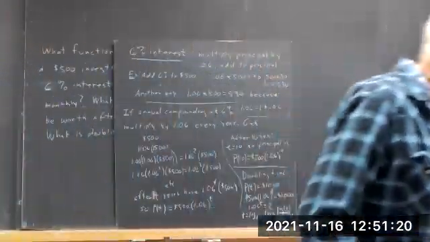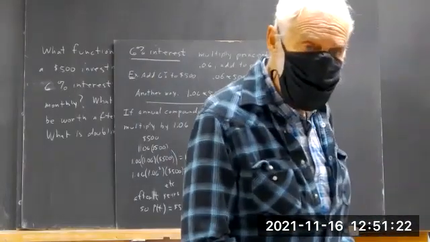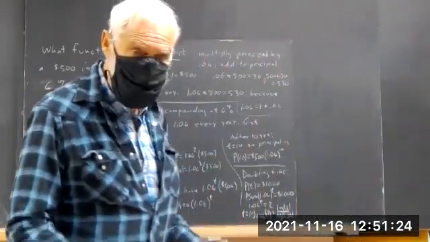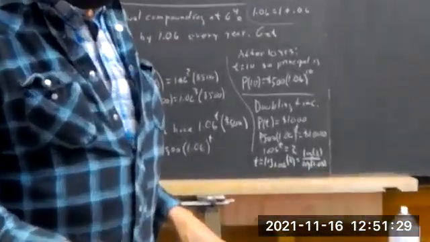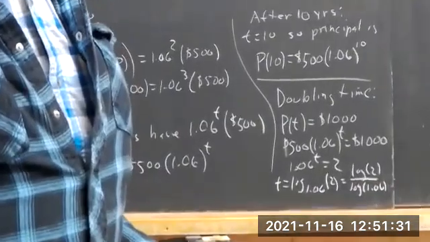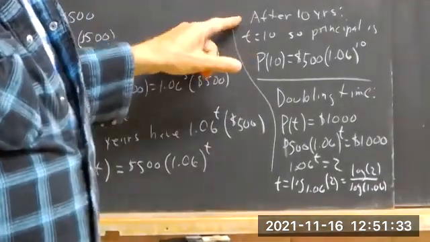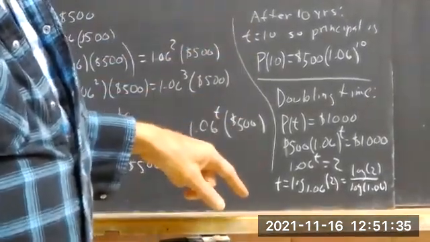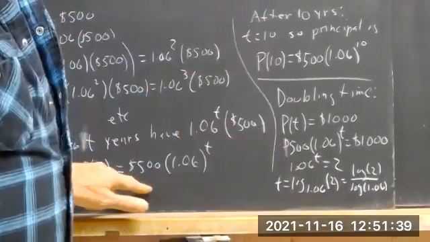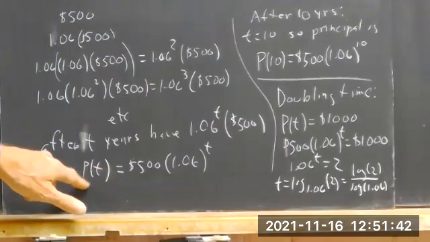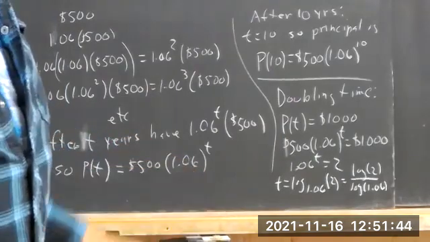Just to be sure, anybody who wants to watch a video of this and see it, let me zoom in on that. But there it is. Here's your solution. Once you have the equation, it gives you principal as a function of time.